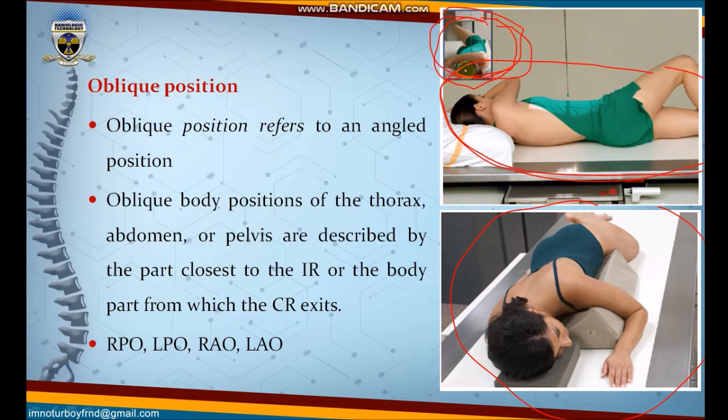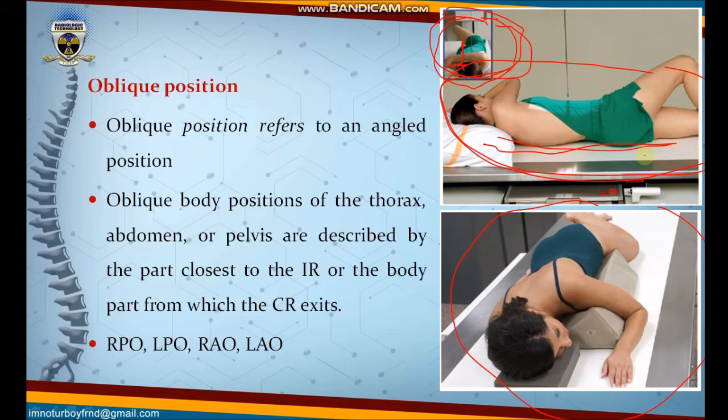As you can see, the left side of the patient is placed in contact with the IR. So the left posterior side of the patient is placed in contact with the IR. That is the position of the patient compared to the table.